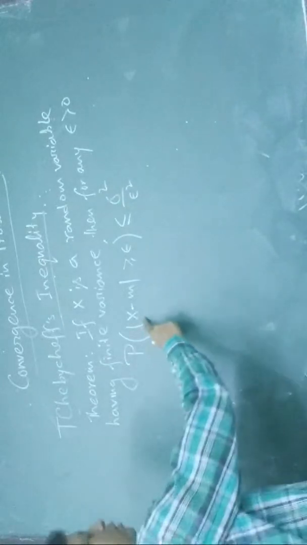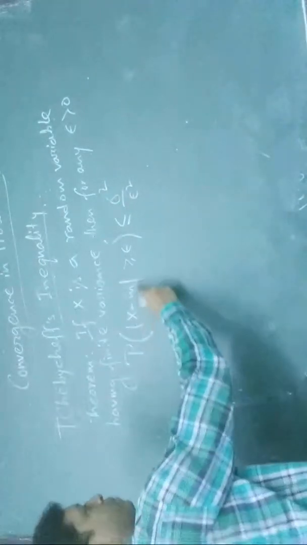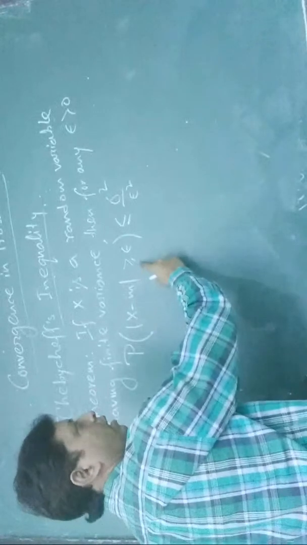Probability of mod x minus m greater than or equal to epsilon is less than or equal to sigma square by epsilon square, where sigma is the standard deviation.